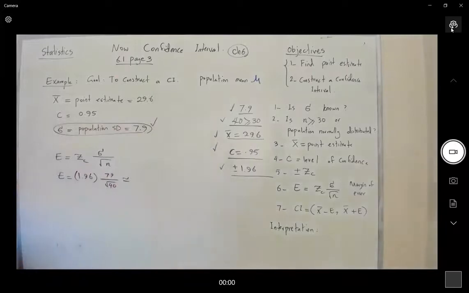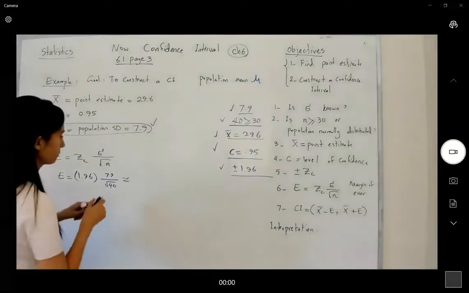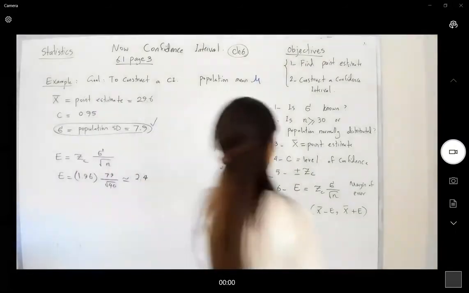Let us do the calculation. It's going to be 2.4. So we found the margin of error, 2.4.